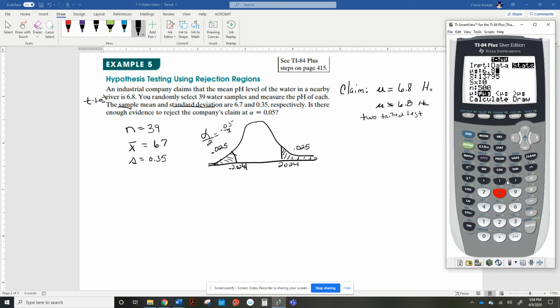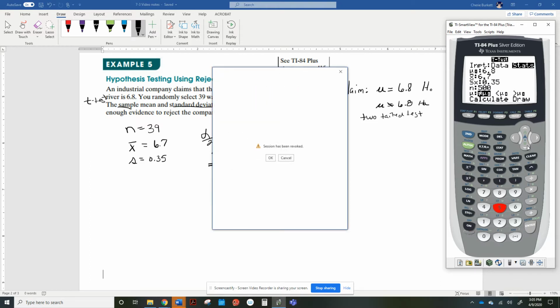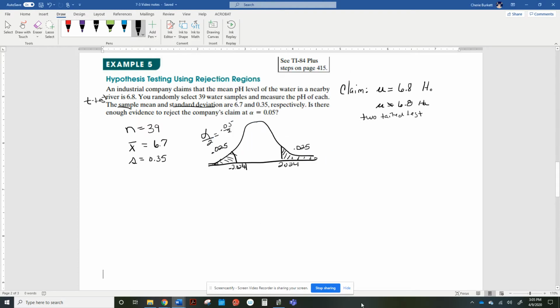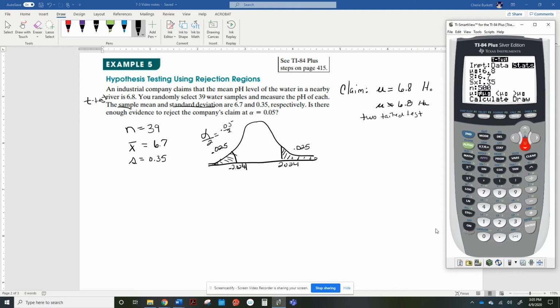This is 6.8, the sample mean is 6.7, and the sample standard deviation is 0.35, and the sample size, sorry, I'm having stupid issues. That was not the sample size. That sample size is 39.